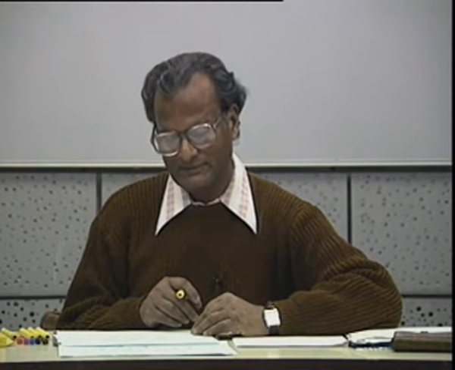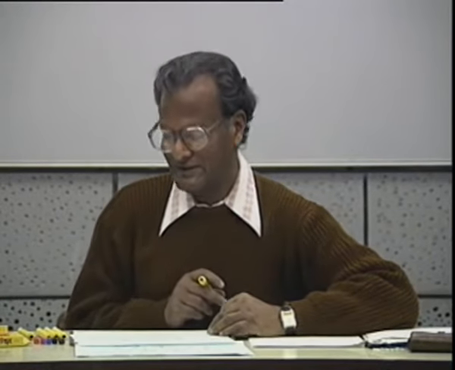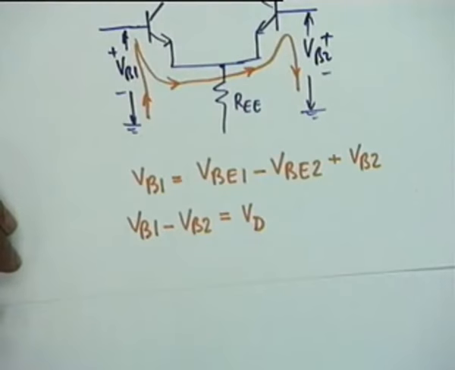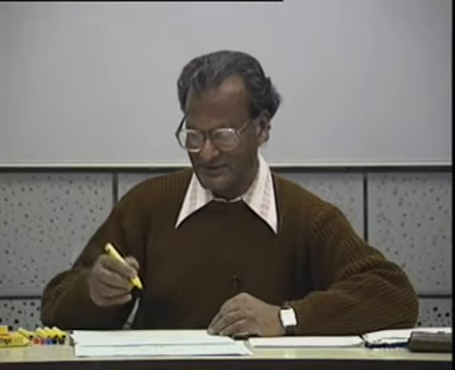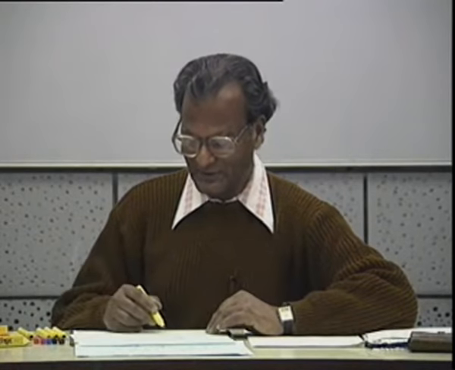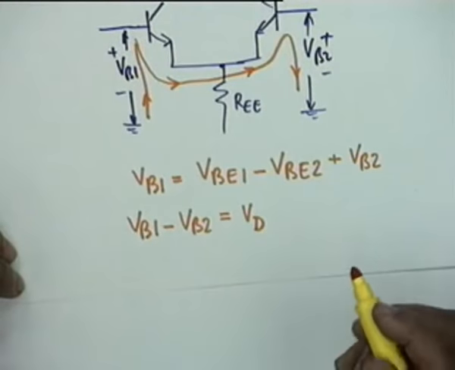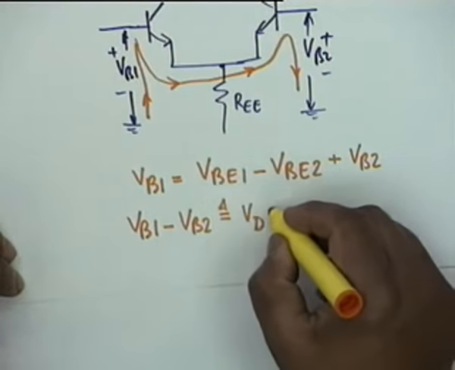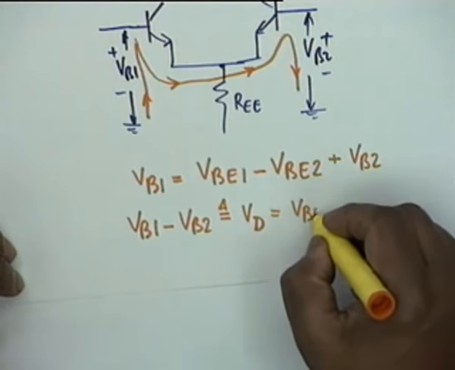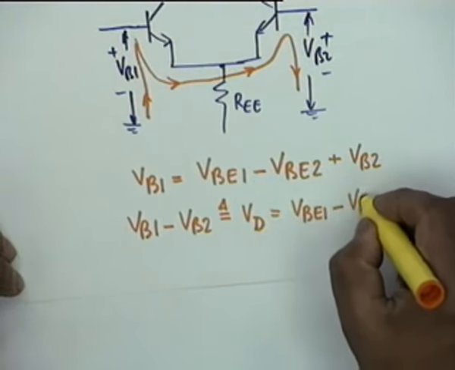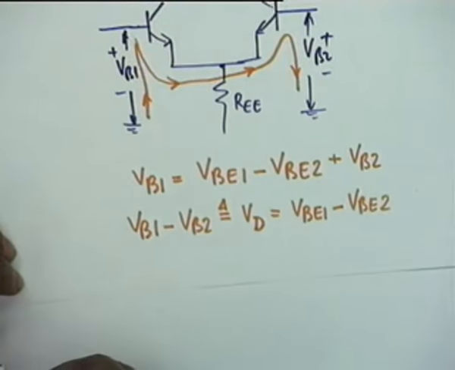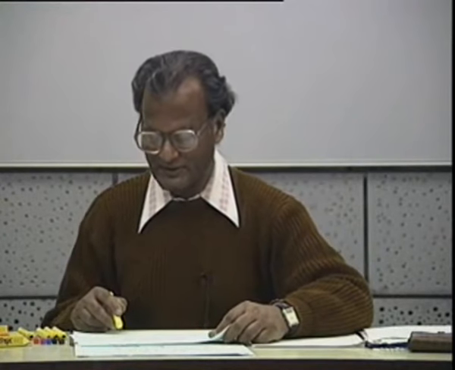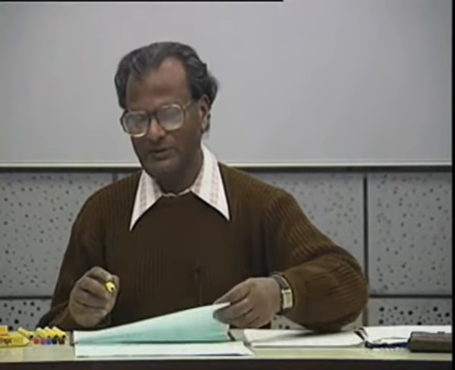We'll come back to that. From DC we shall go to AC. These are all DC quantities now. VB1 minus VB2 equal to VD. I define this as VD. Therefore, this is equal to VBE1 minus VBE2. The differential voltage is simply equal to VBE1 minus VBE2.